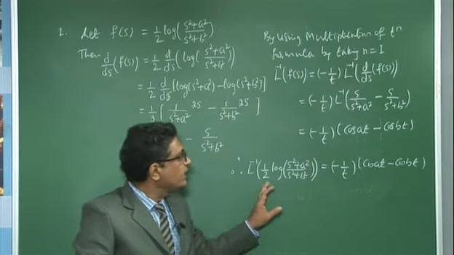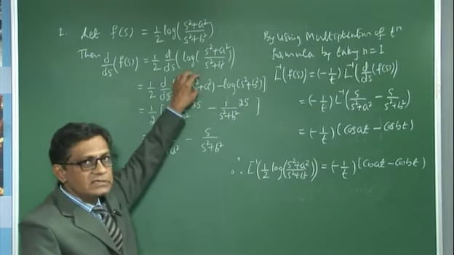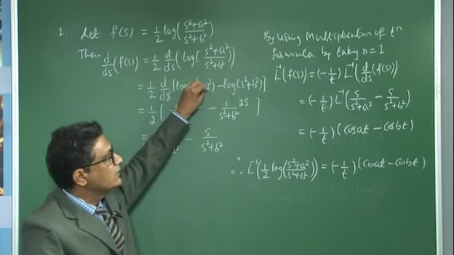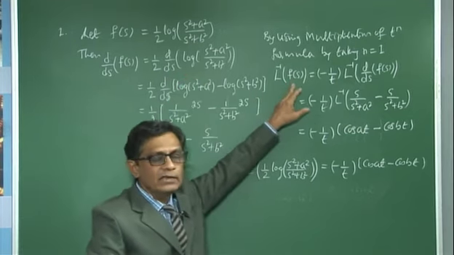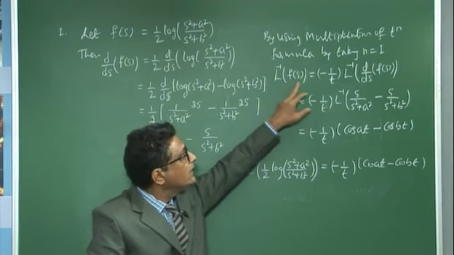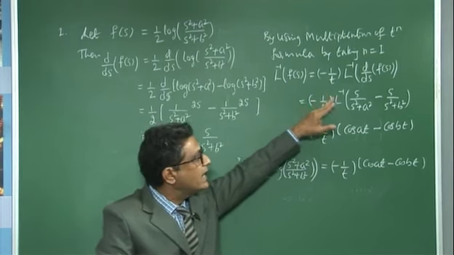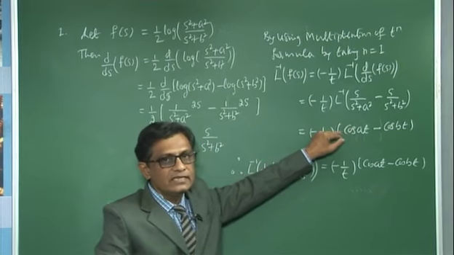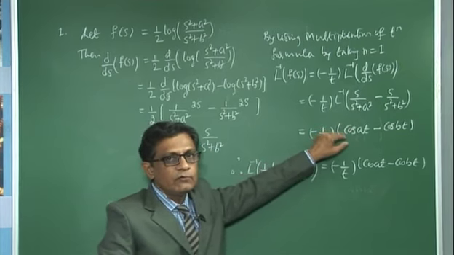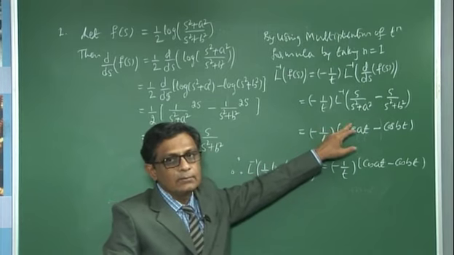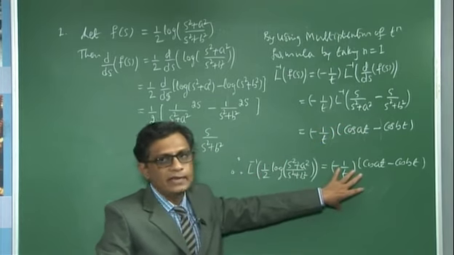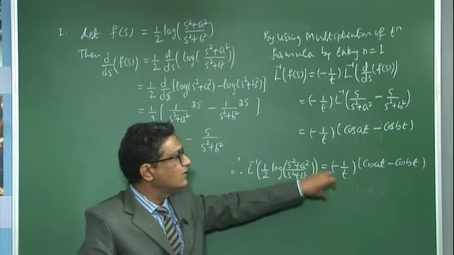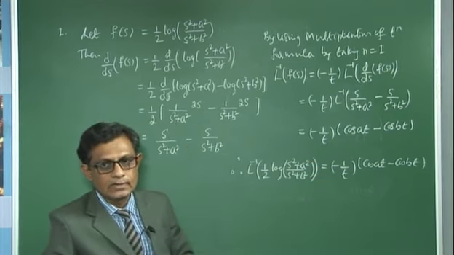When the given function is a logarithmic function, you have to use the multiplication by t raised to n formula, taking n equal to 1. Also remember the basic standard formulas of inverse Laplace transform, then you will get the required result. This is the first example.